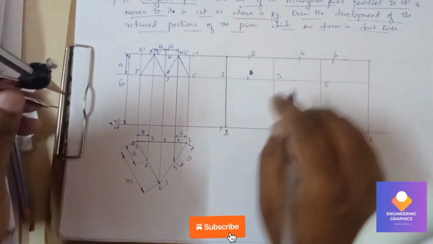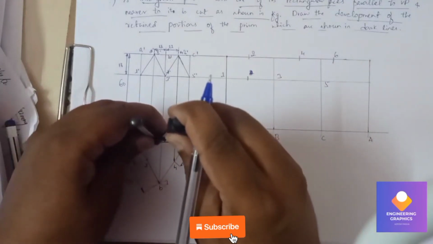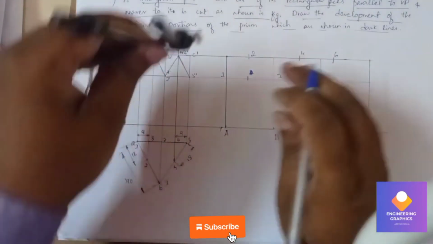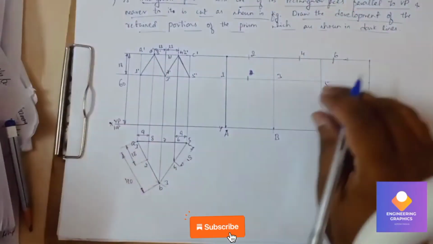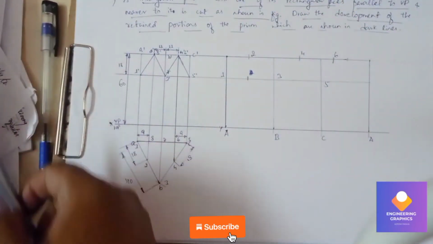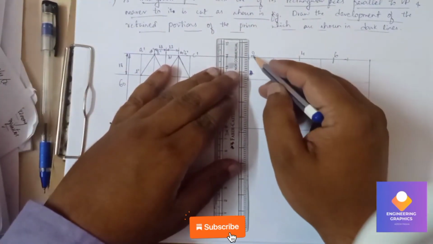That is 6, and 7 we have here downward. First I'll mark on the upside, the same thing I'll copy on the downside. First I'll draw the vertical lines here where we have marked 2, 4 and 6.